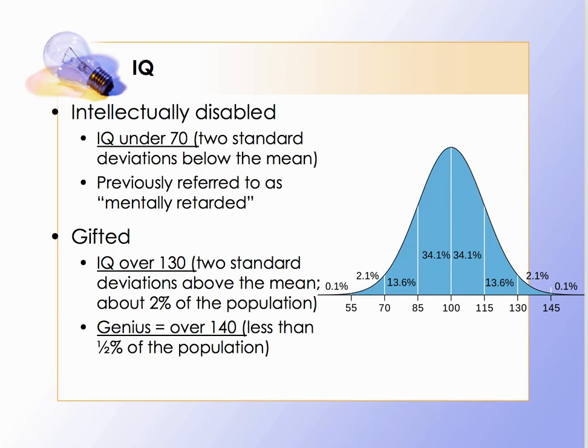And then gifted. With gifted, the individual has an IQ over 130, which is two standard deviations above the mean, and that's only about 2% of the population. When you get into gifted and the actual school system, it can be kind of tricky with giving someone the opportunities that are allotted to individuals who are labeled as gifted.